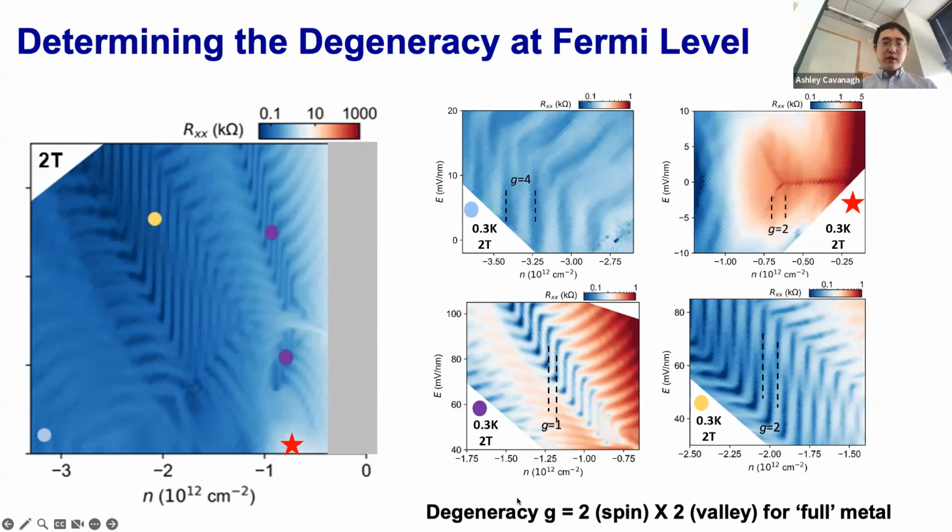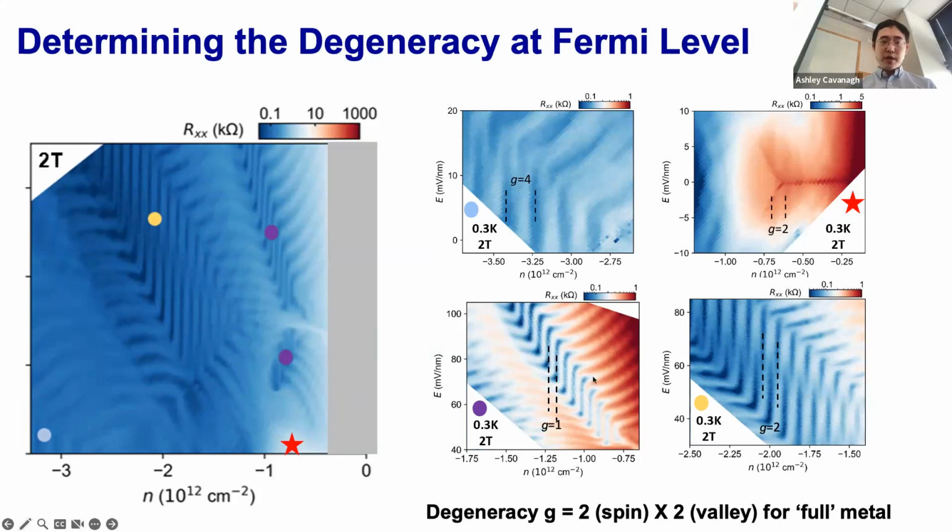Think about the degeneracy in graphene. You have 2-fold from spin and 2-fold from valley. So when nothing interesting happens, all 4 species are occupied equally, and you get the so-called full metal. But if some of the degeneracy is broken due to electron correlation, you get a reduced degeneracy.